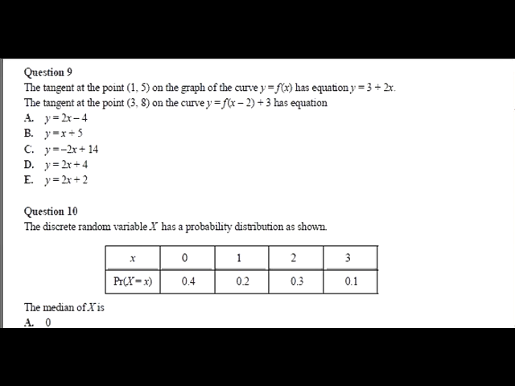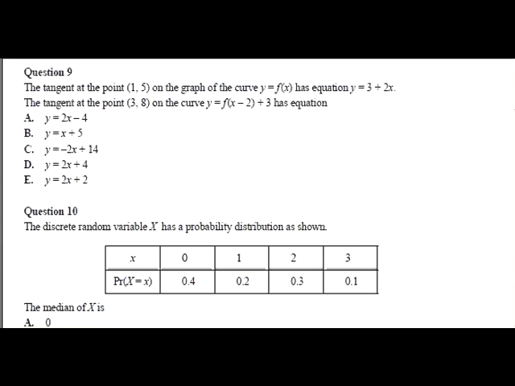So you'll agree that if my curve moves up 2 units and across 2 units, the tangent's going to do the same thing, isn't it? So look at what happens. You want y equals f of x minus 2, plus 3.